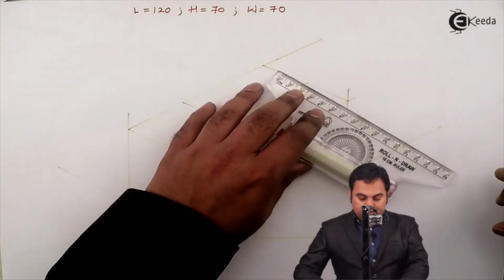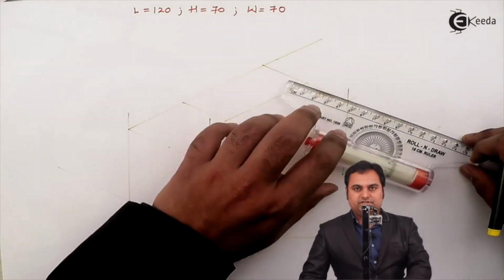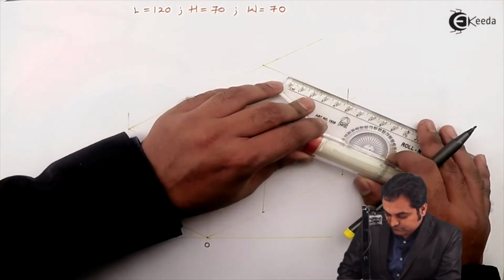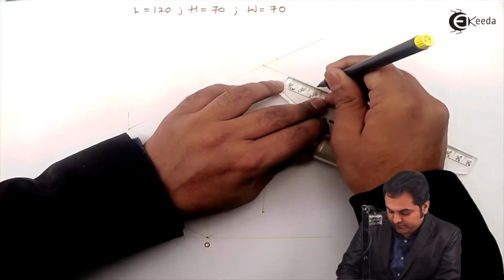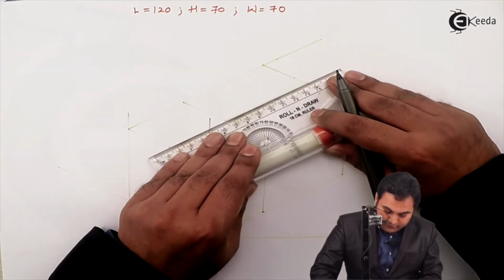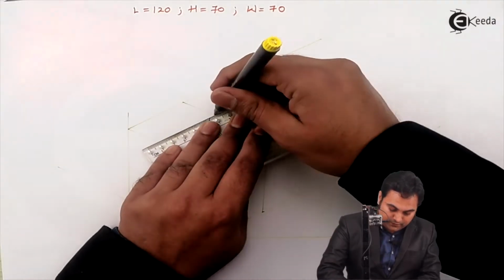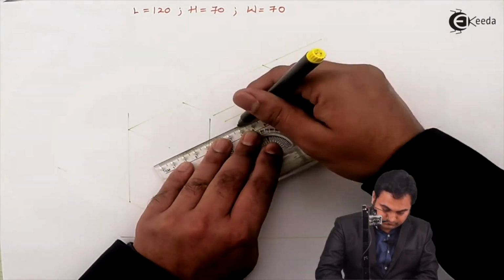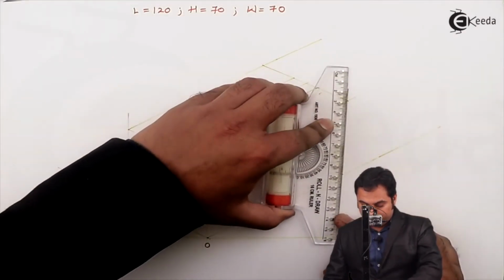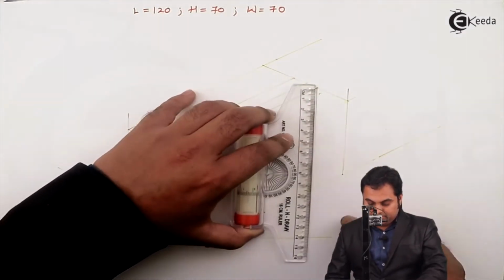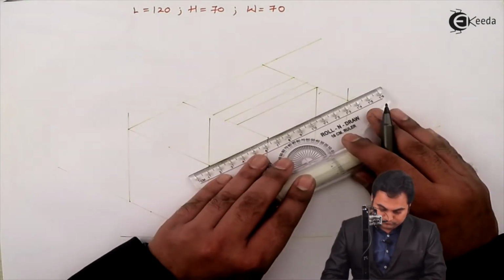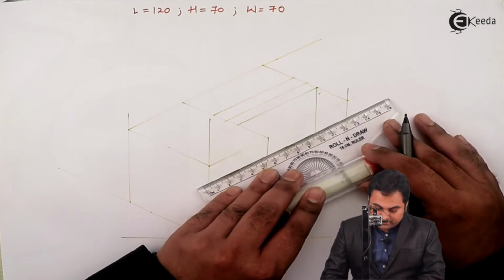From the center, since the width is 20, I'll mark 10 mm on both sides. 10 mm on one side, 10 mm on the other side. Then drawing parallel lines along the length. Next, through this point, I'll drop a perpendicular, measuring the total height 70 from here. Drawing a parallel line.